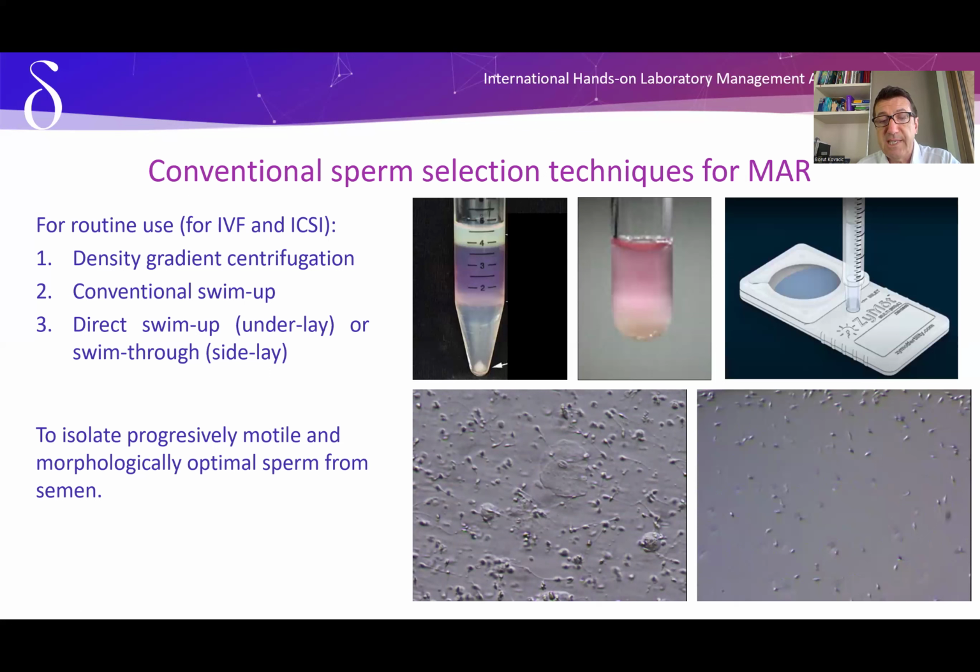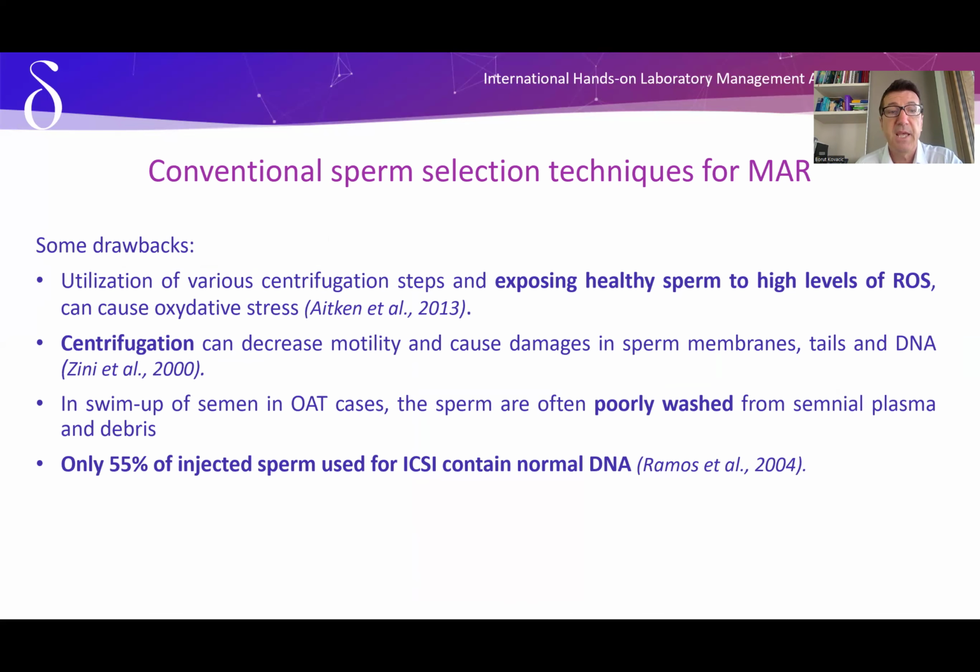Once this sample was processed with one of these techniques, the semen sample appeared as this one. No debris, no immotile sperm. The motile sperm are hyperactivated, and this sample can then be used for insemination of oocytes or for intrauterine insemination.